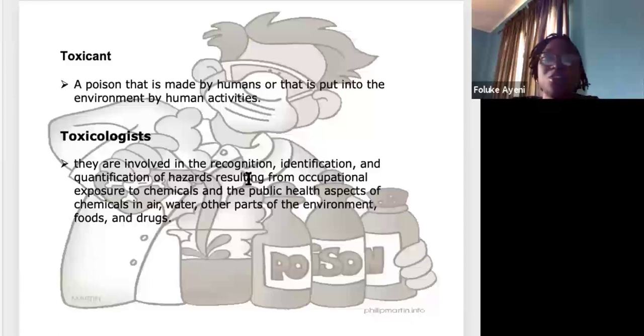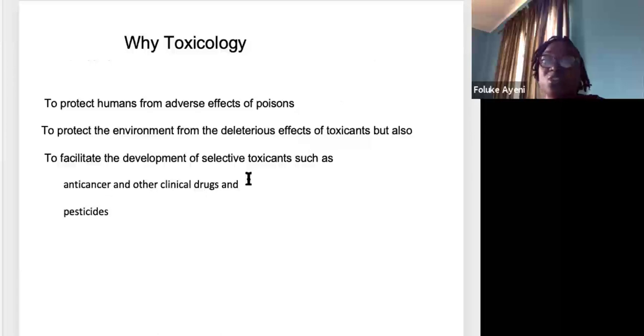So we have toxicologists who are involved in the recognition of these toxins. They identify them, they quantify the hazards that result from exposures to these toxins, and then they make public health documentations that we make use of, and which has been of great help today in toxicology studies.